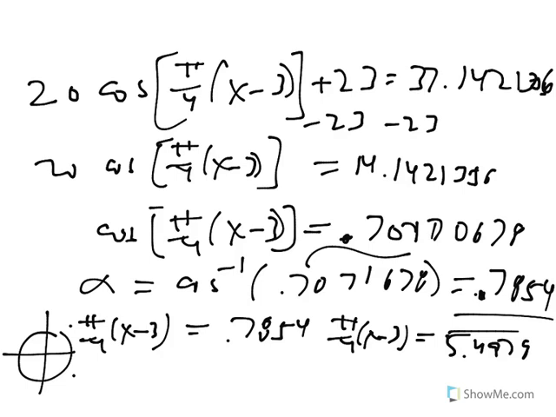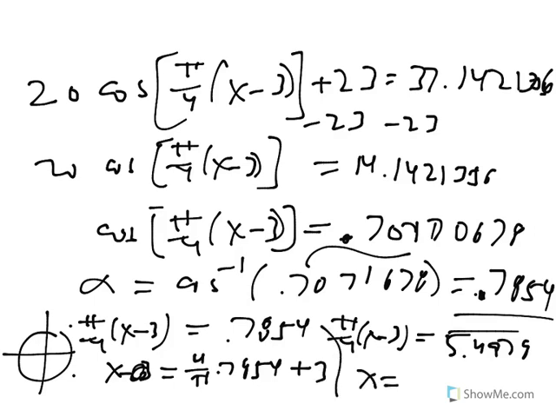We've got to multiply both sides by 4 over pi. And then we need to add on the 3 right there also. And for the other answer, same thing: x equals 4 over pi times 5.4979 plus the 3.